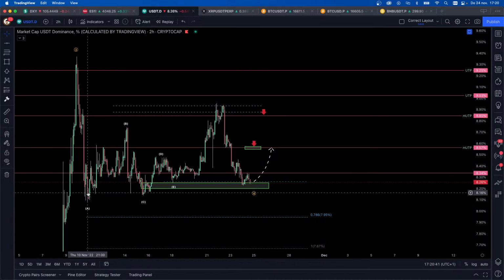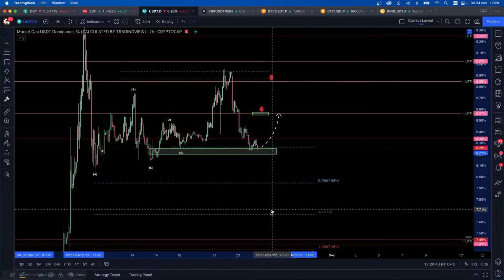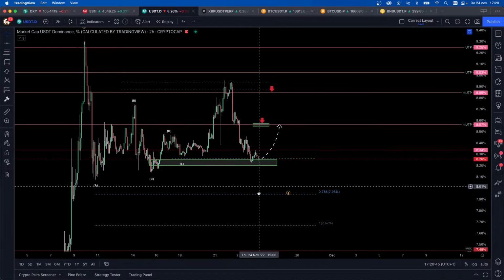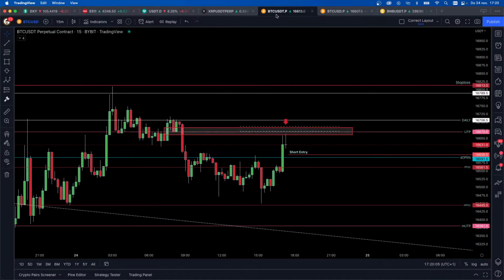The question is, is it going to be A, B, and C lower, making that forward wave all the way down? Or are we still going to bounce here?